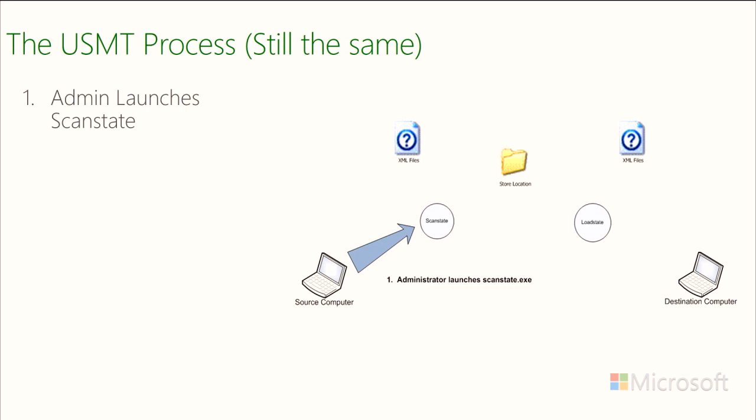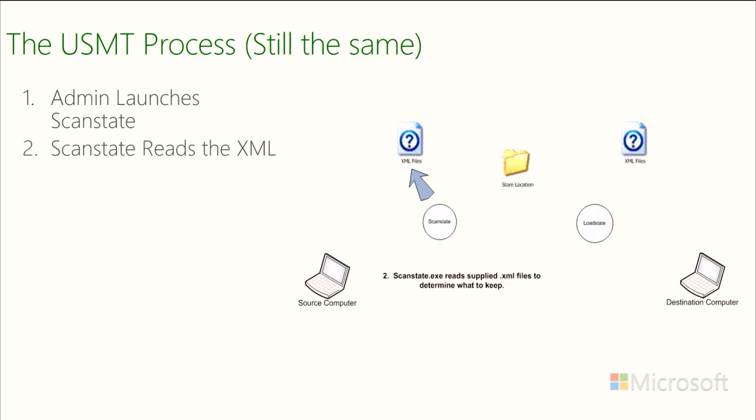Yep, and if we walk you through that process, for example, an admin launches the ScanState tool. This could be an admin launching it for a manual upgrade of one machine. It also could be just the order that your task sequence is in SCCM, as an example. ScanState runs first. Right, and then ScanState reads that XML file and knows exactly what it needs to back up.